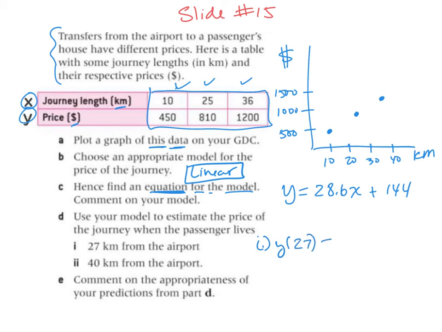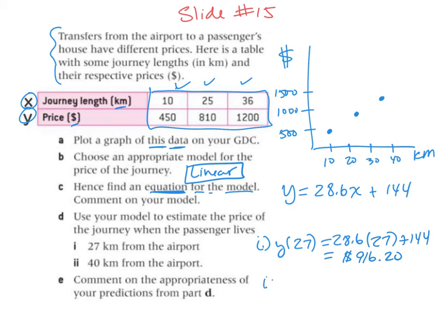So just put that into your model, 28.6 times 27 plus 144. Do the arithmetic on a calculator, and we will get $916. Actually, to be consistent with what I said earlier, let's call that $960.20. Let's always round to the nearest penny anytime it's a money problem, okay?